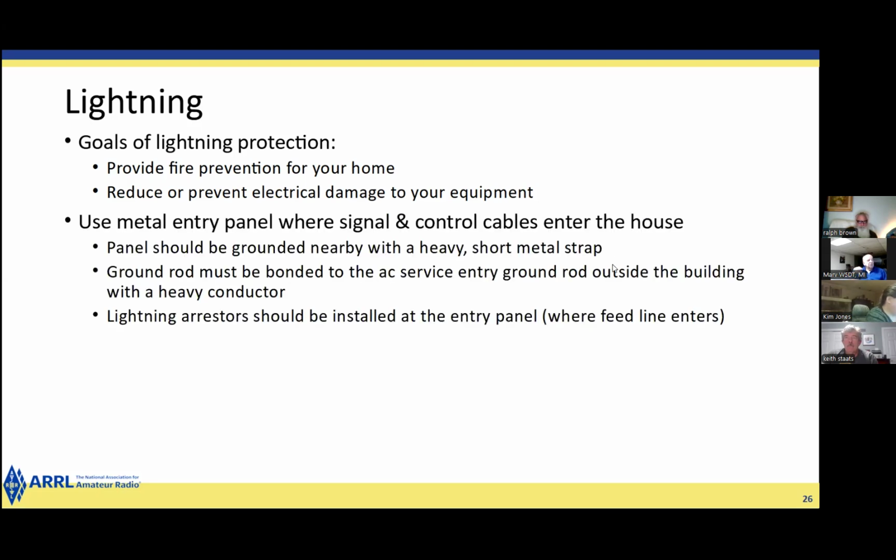So you should use a metal entry panel where signal and control cables come into the house, and the panel should be grounded with a short metal strap, as short as possible.